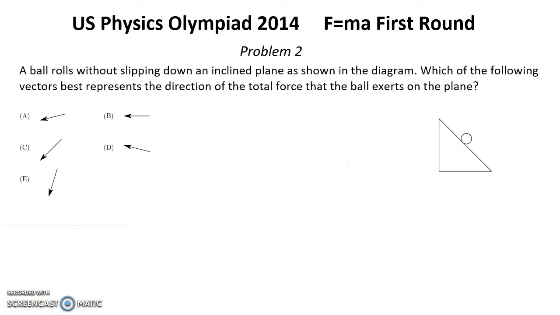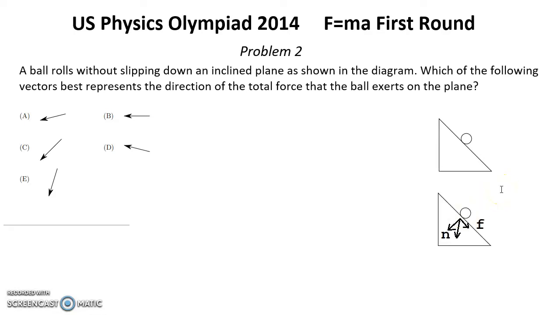Problem number 2. A ball rolls without slipping down an inclined plane as shown in the diagram. Which of the following vectors best represents the direction of the total force that the ball exerts on the plane? Solution. Let's see which forces act on the ball from this triangle and on the triangle from this ball.